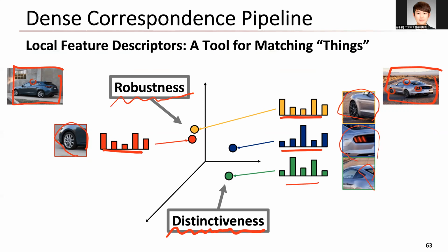Robustness means matched patches should generate the same or similar feature vector, while non-matched patches should generate different feature vectors. So in feature space, a good feature space should look like this: robustness and distinctiveness.